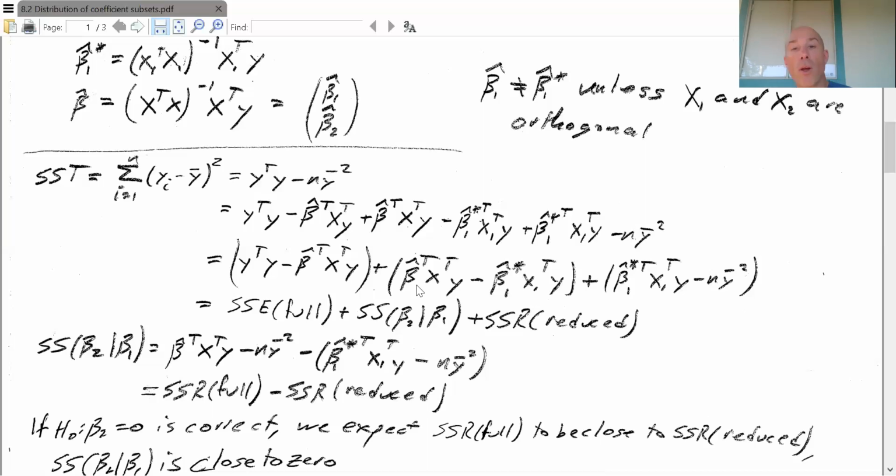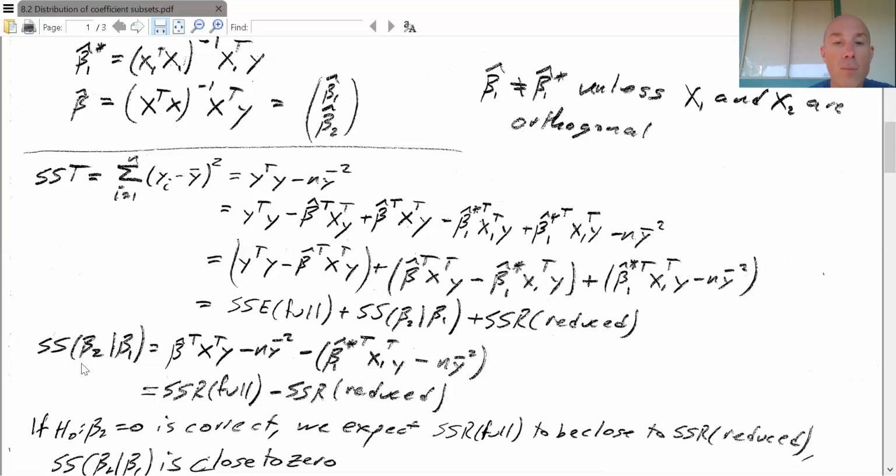Now here, if I look at this, I notice I got the right dimensions, I can do the subtraction, everything's good there. If I factor out the y's, I can interpret this as a sum of squares based off of beta 2 given beta 1. Okay.